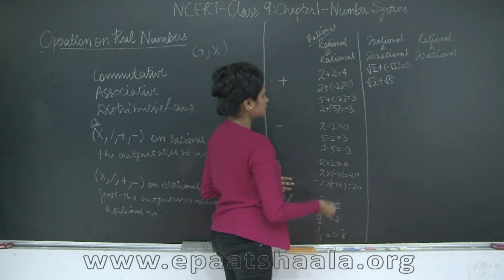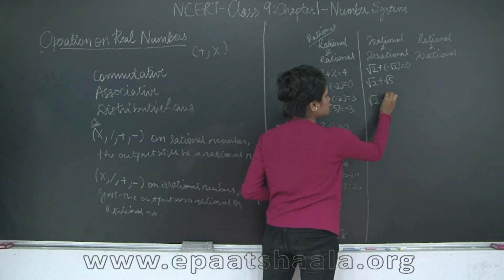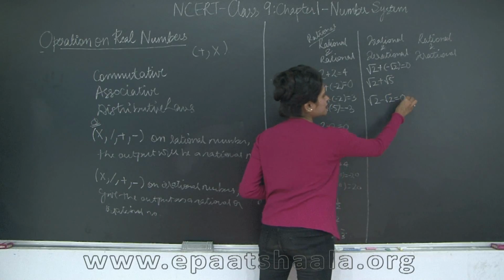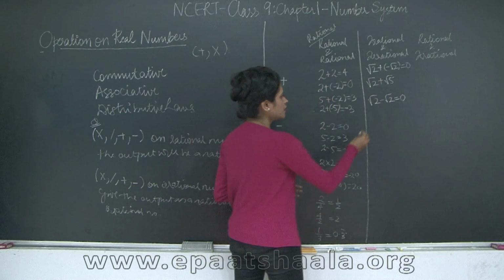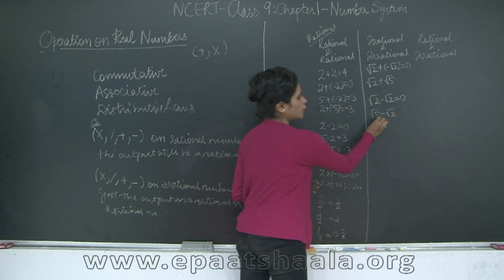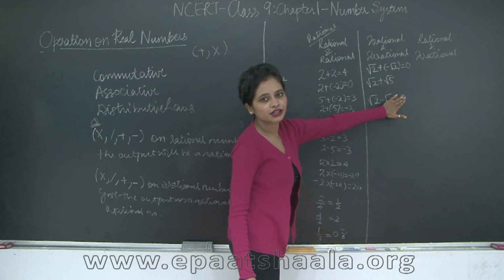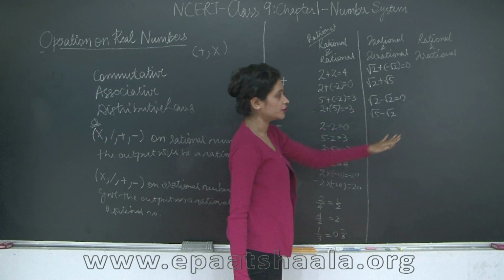How about subtraction? If I take, for example, root 2 minus root 2, it is again going to give me 0. So again we have a rational number, and if I take something like root 5 minus root 2, both these terms are irrational, so my output is going to be irrational. Again I have got a combination of a rational and an irrational number.